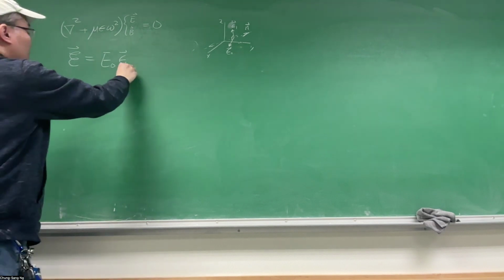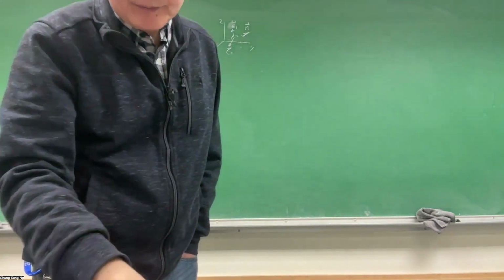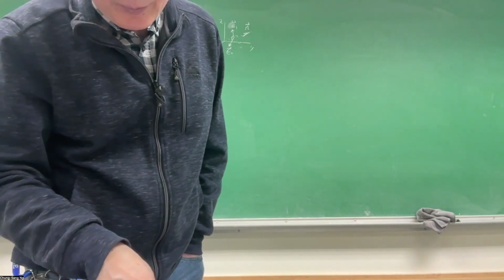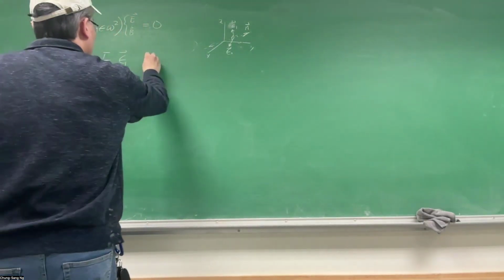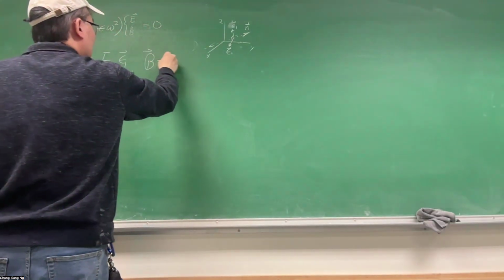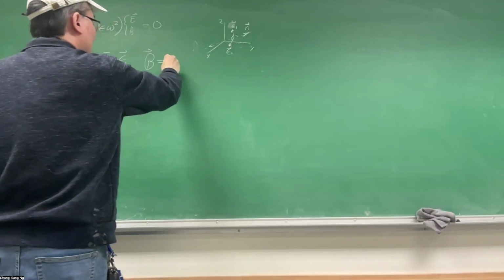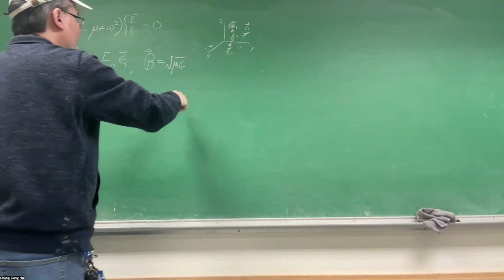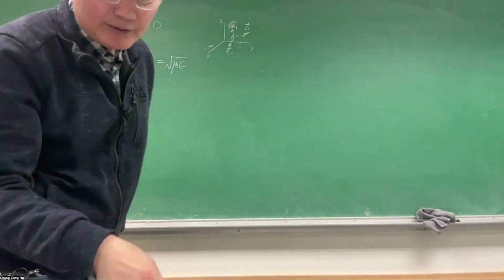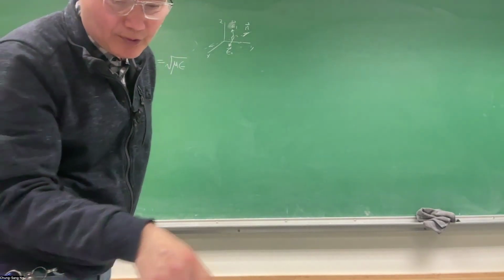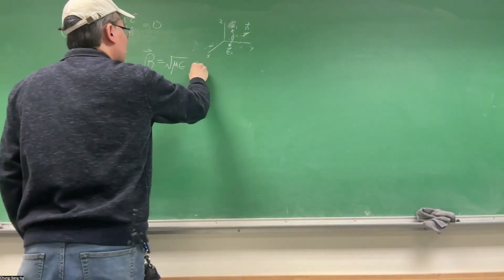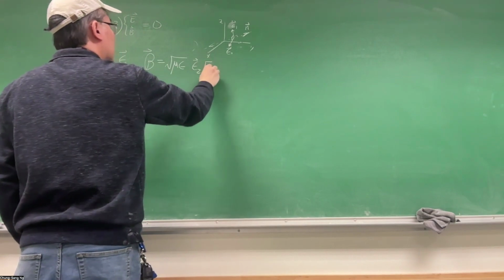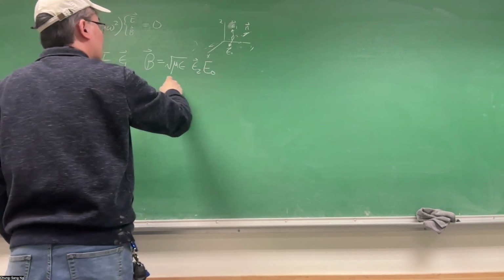And then by the equation we just derived, 7.11, B would be this square root of mu epsilon vector, and it will be in the epsilon 2 direction, with the same E sub 0, right?